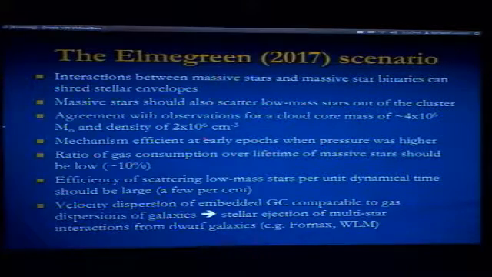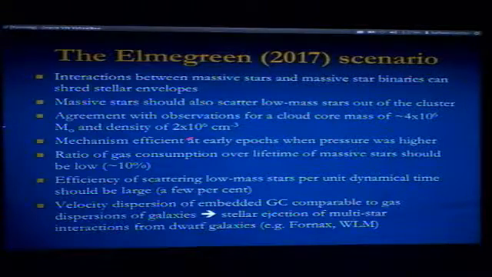He finds that there is agreement with observation if you assume a core mass of the order of 4 × 10⁶ solar masses and a very high density, 2 × 10⁶ atoms per cubic centimeter, which is extremely high density.